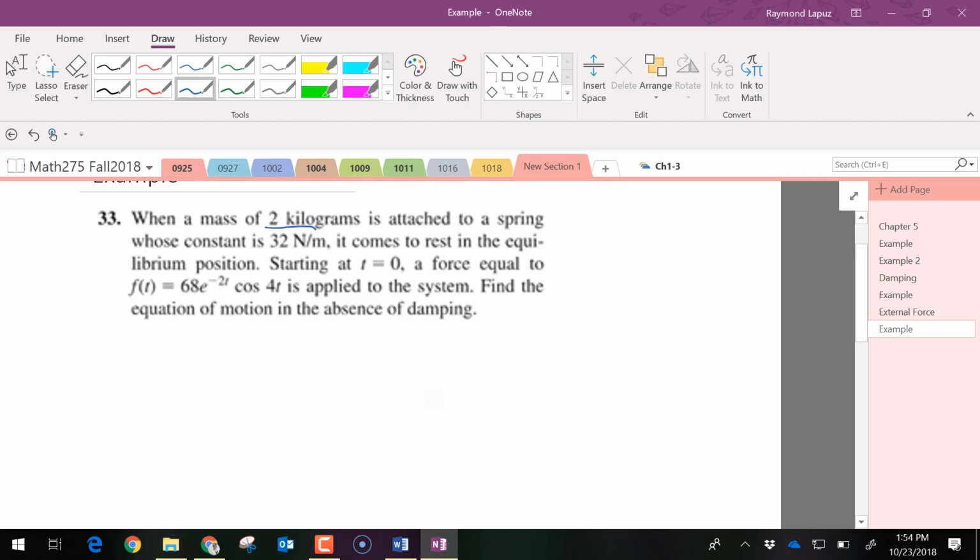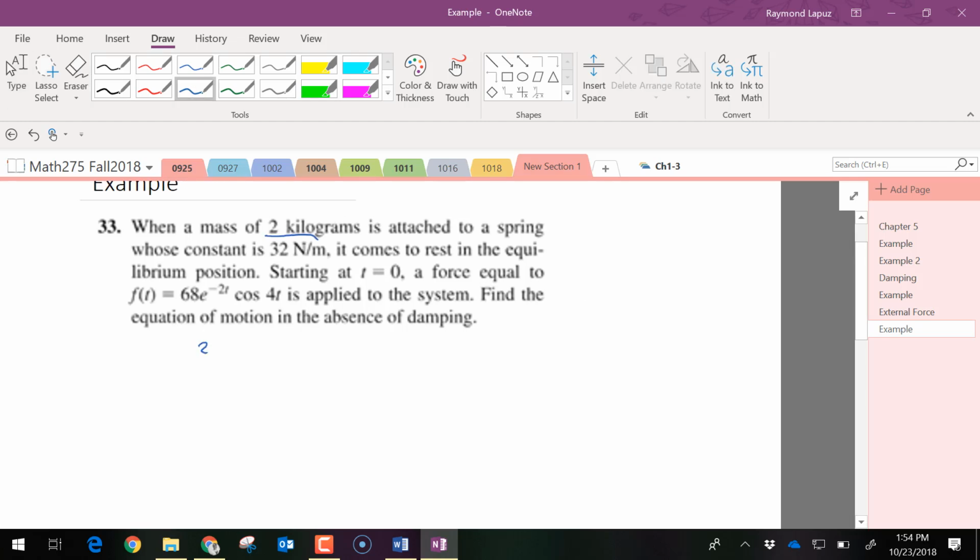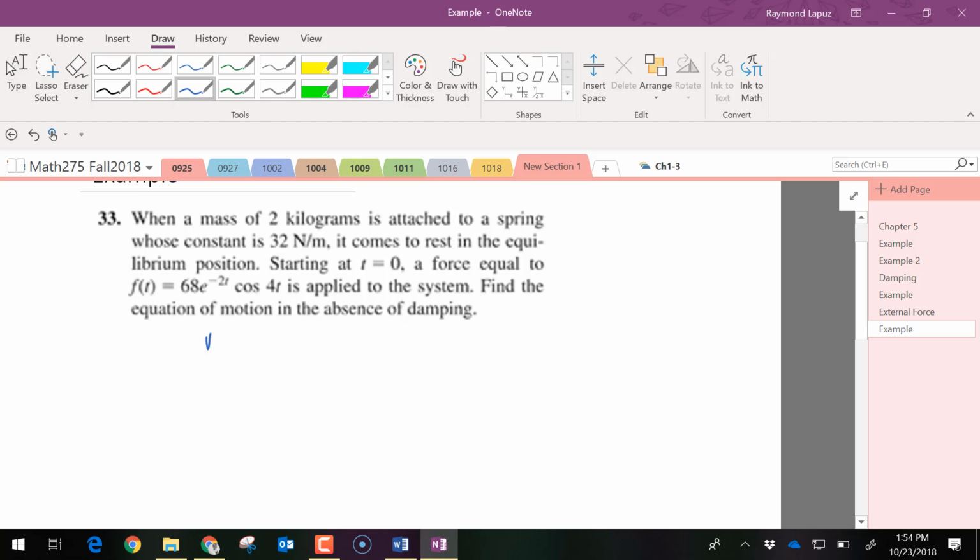So 2 kilogram mass, so m is equal to 2. Our spring constant k is equal to 32. If you want to jump to omega, omega is what? 32 over 2 is 16.